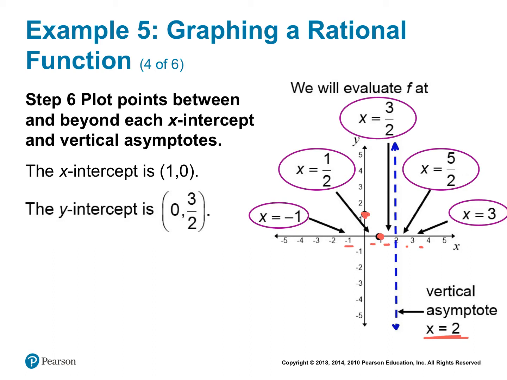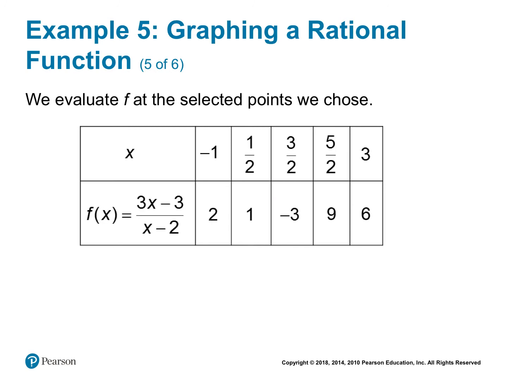All these circled x's are ones we're going to plug into our function in a table and see what we get. So here's our original function. I'll just show you where they got one of these. To find the value at x equals -1, they did 3 times -1 minus 3 over -1 minus 2.